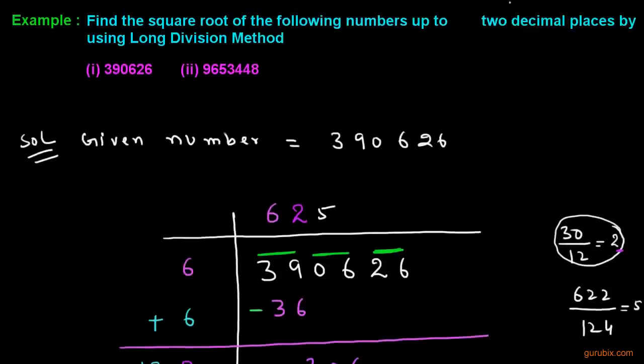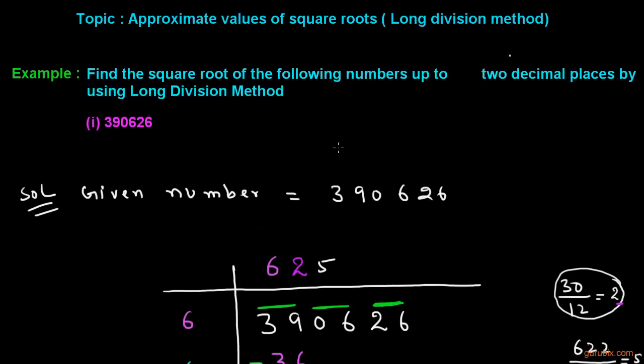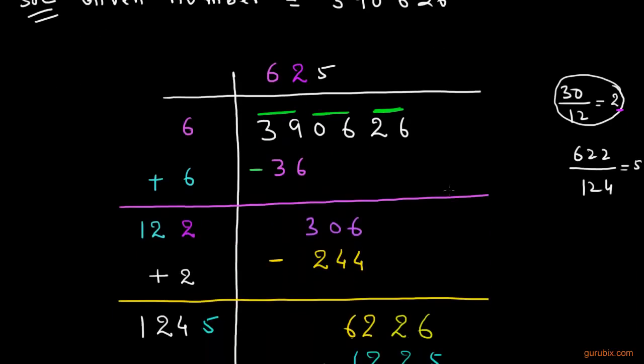But in our question we are directed to find the square root up to 2 decimal places. So what to do now? First of all, I am giving you a technique: put a decimal point here and here and add zeros in pairs.